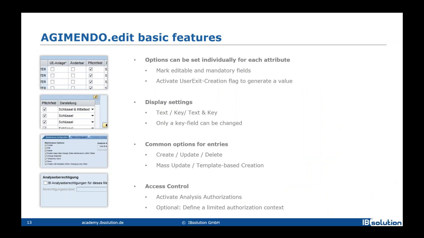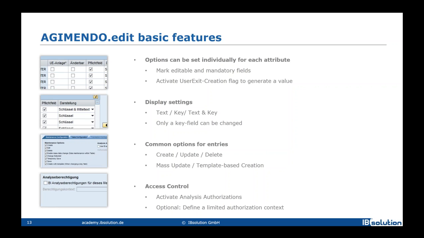There is also the possibility to automatically generate a value through a user exit, so that when we create a new line, some fields are already filled, like if it's a username, and the username may be only the creator of the line, so that we fill the actual user inside this field, or maybe the actual date. It can be also a lot more complicated than this, but it's a simple example.